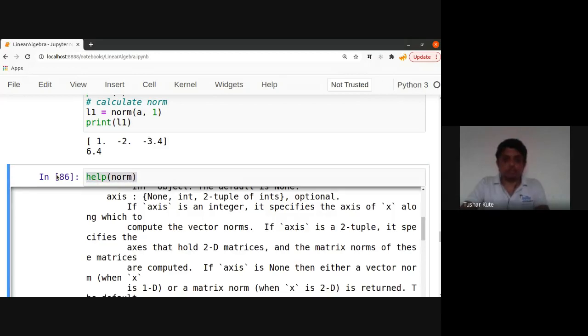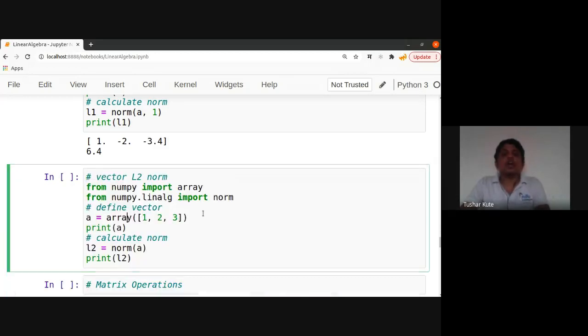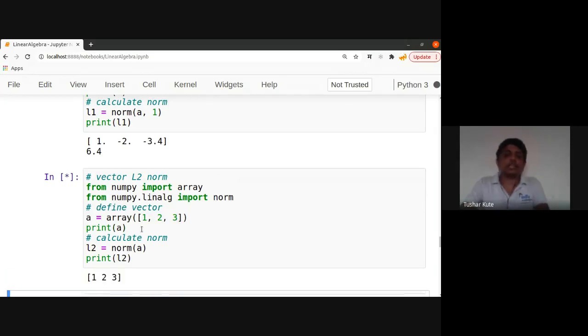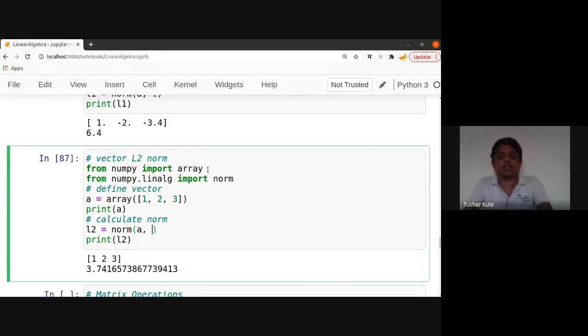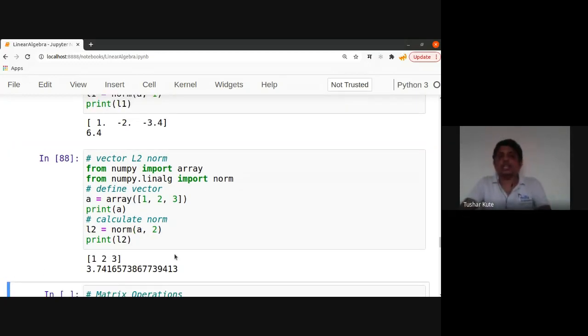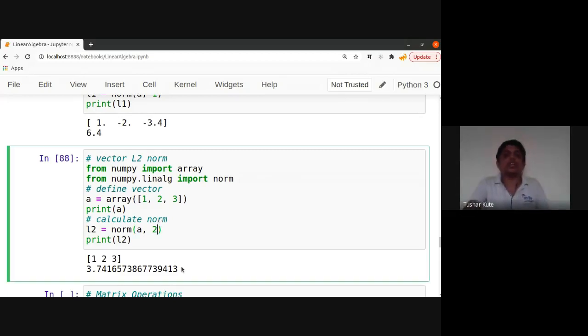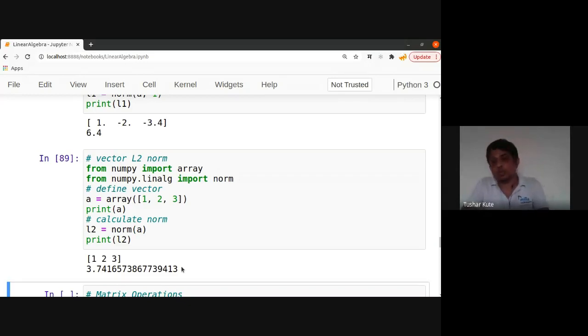Okay, fine. So let's go. Okay, so see this one. Array norm, and then I'm passing 1, 2, 3, printing A, and then directly using the norm function, I have calculated its norm. Okay, so if I write comma 2 over here, see the default value is there, means by default it calculates the L2 norm. If I pass it or if I don't pass it, in both cases I'll get the L2 norm.